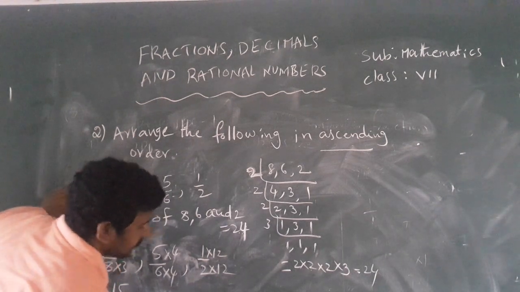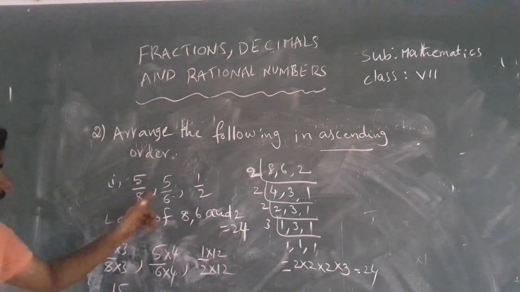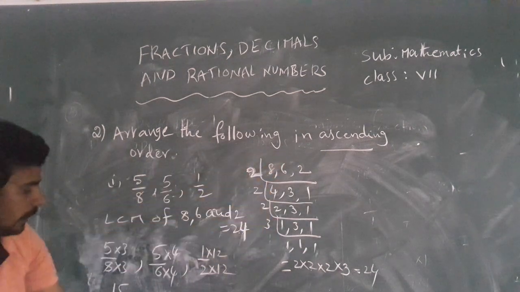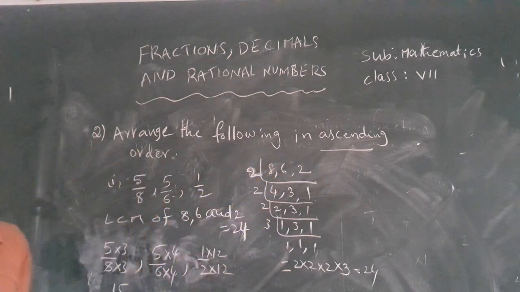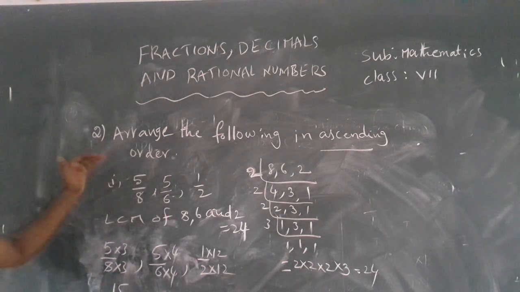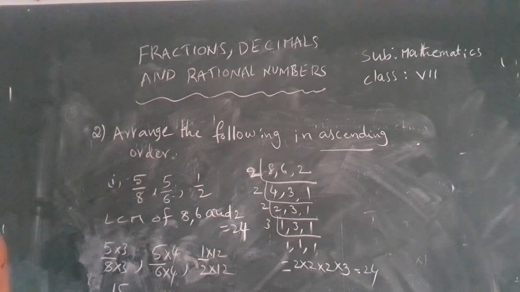So the given fractions in ascending order are 1 by 2 less than 5 by 8 less than 5 by 6. This is the solution of the first question on arranging the following in ascending order.